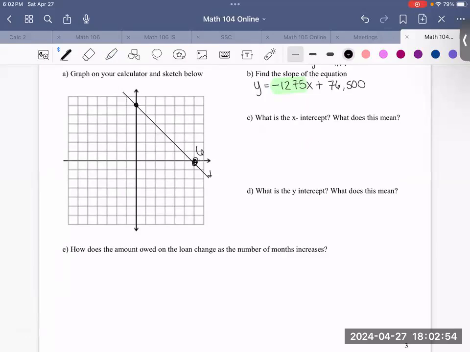This being your 60, 0, and your 0, 76,500, right? It is just saying by how much are these values changing. Well, we can certainly figure out what your slope is, or we're just given your slope.